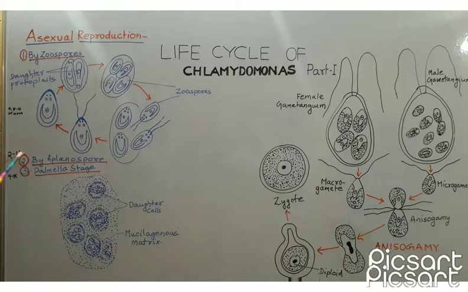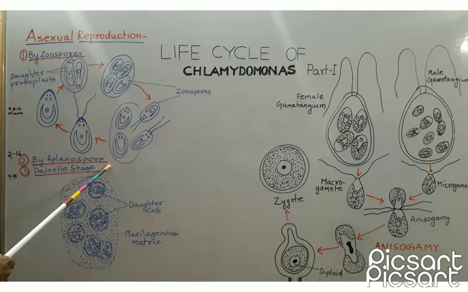These 2 to 16 daughter protoplasts do not transform into zoospores. They remain inside the parent Chlamydomonas. All these uninucleate daughter protoplasts secrete a thin wall around them. This thin walled daughter protoplast transforms into an aplanospore.